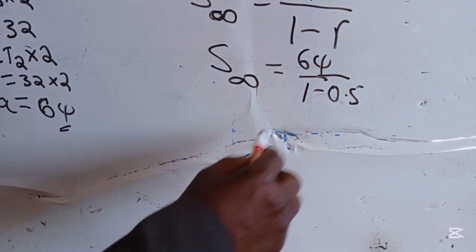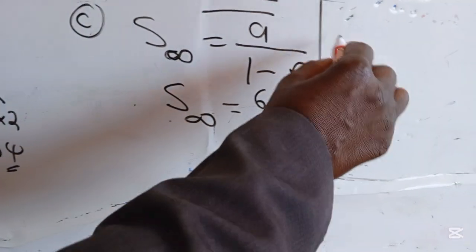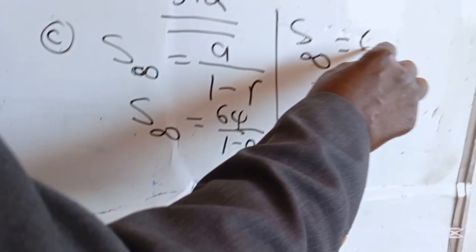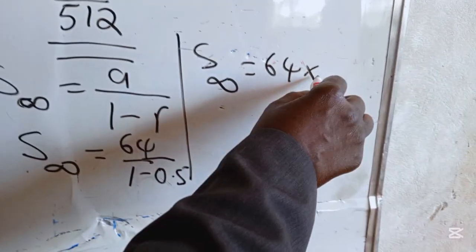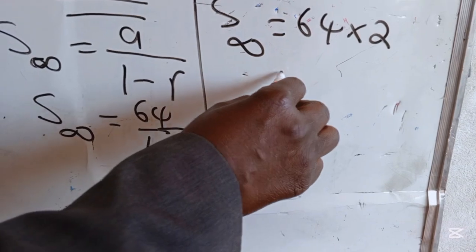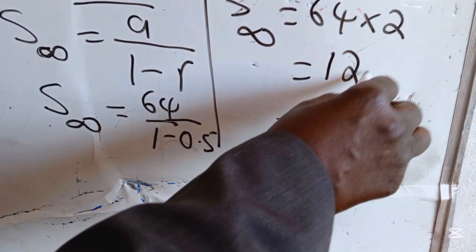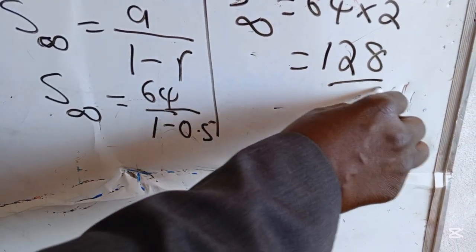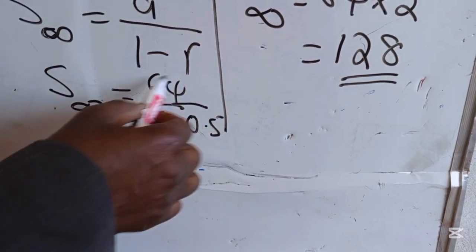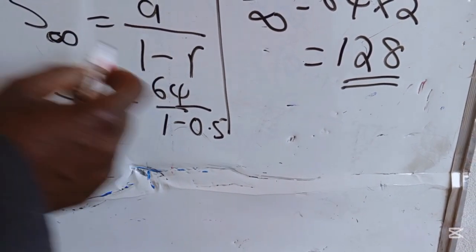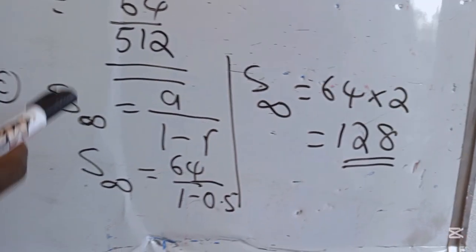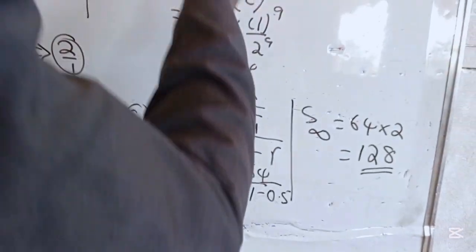You agree with me that the sum to infinity is the same as just saying 64 multiplied by 2, because this one goes up and becomes a 2, and it becomes 128. So this is 128. Please, it's very, very important for you to show this work, because you are going to gain a mark. Even here, whatever you are doing, make sure that these steps are followed.